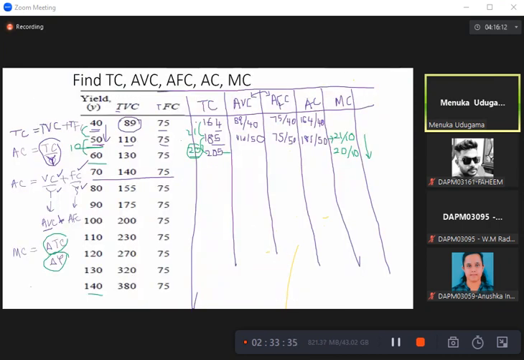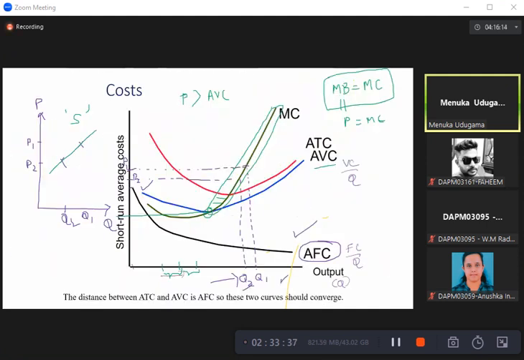Right, so what we discussed is the short-run cost functions. We can also look at the long-run cost functions, but we say that in the long run, the optimum or the ideal point to produce for a firm would be this area, right?